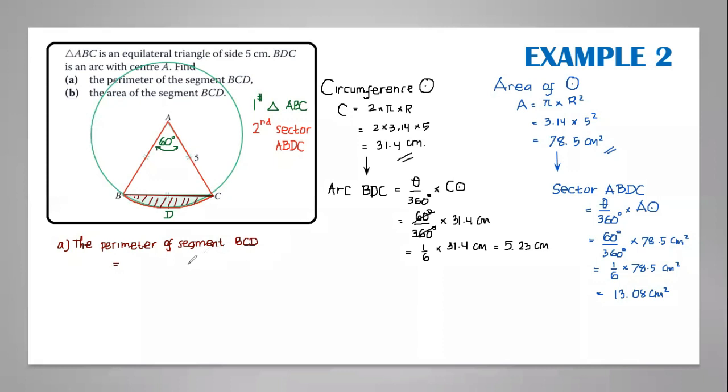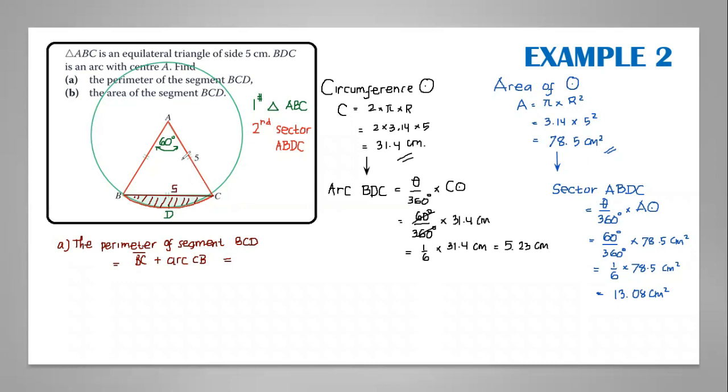So the perimeter of segment BCD is BC plus arc CD. Is it clear to you? BC is 5. How do you know this BC is 5?